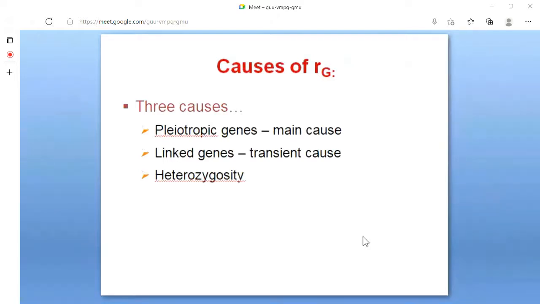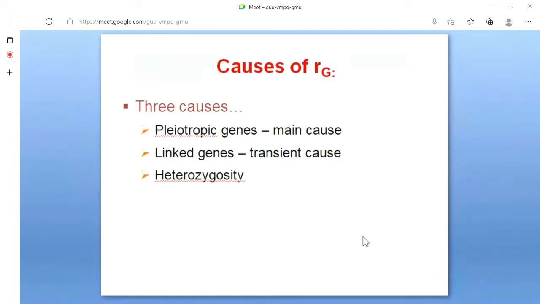As I told you, if the milk yield is more, then the fat percentage or the butter fat percentage in the milk will be less. So there is some correlation. If the milk yield is increased, then the fat percentage will decrease. So why is there a simultaneous change in both characters? What could be the cause for that correlation?